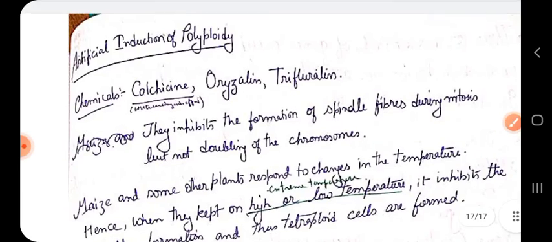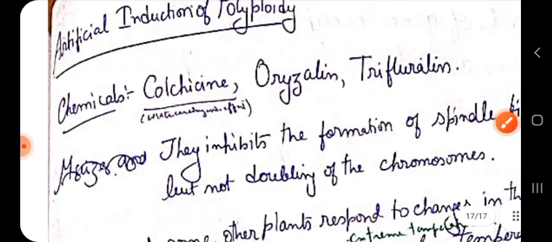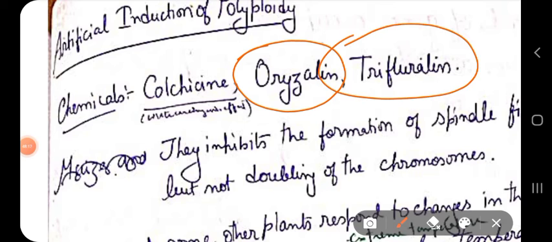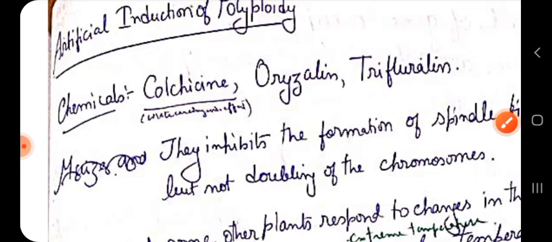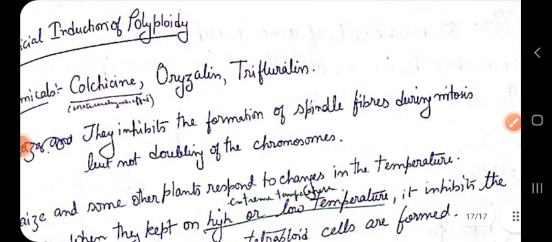I have mentioned colchicine, but other than colchicine, we can also use oryzalin and trifluralin for induction of chromosome doubling. All these chemicals inhibit the formation of spindle fibers during mitosis, but not the doubling of the chromosomes.